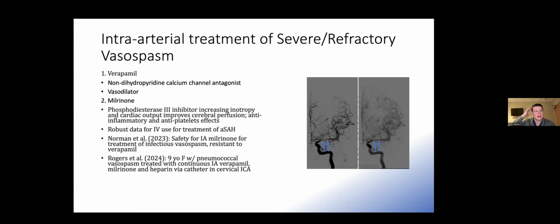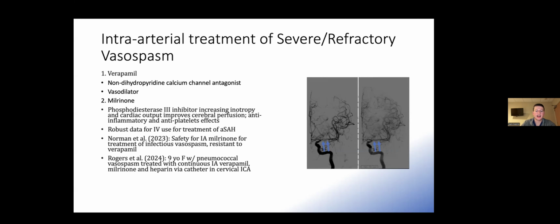So what happened in this patient was they developed recurrent symptomatic hemiparesis about 2 hours after administration of intraarterial verapamil and milrinone. So they were repeatedly taking the patient back to the angio suite for repeated treatments.